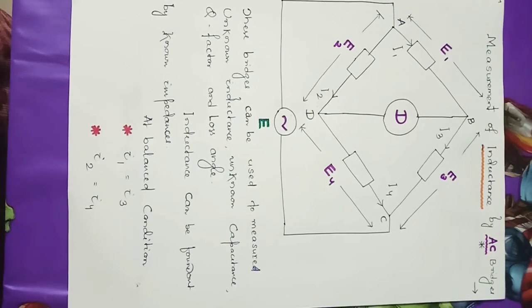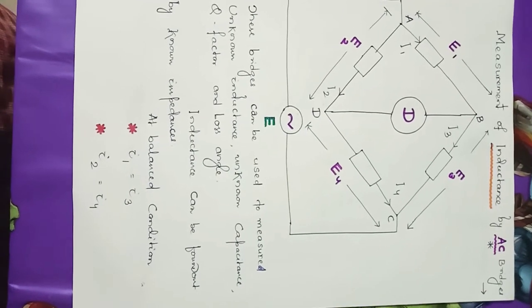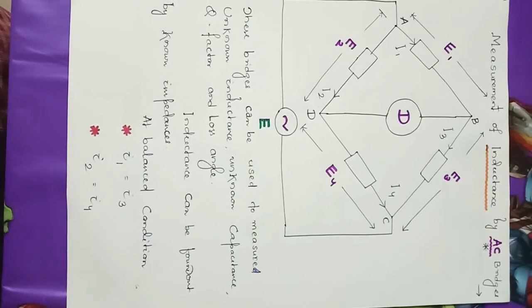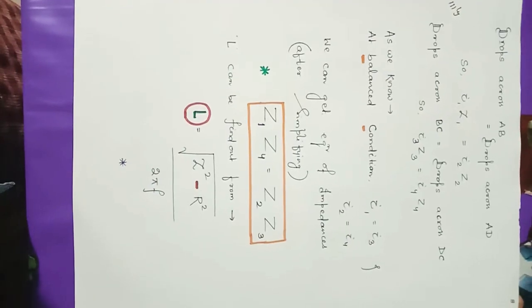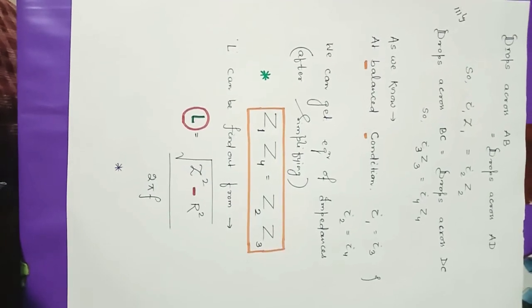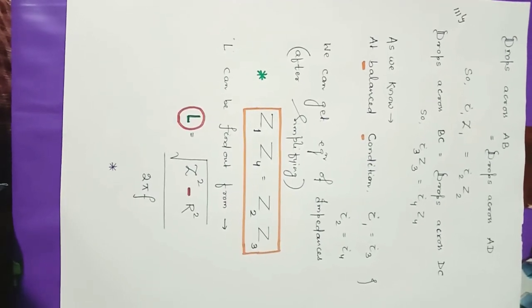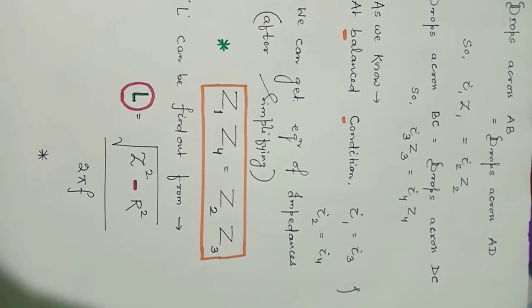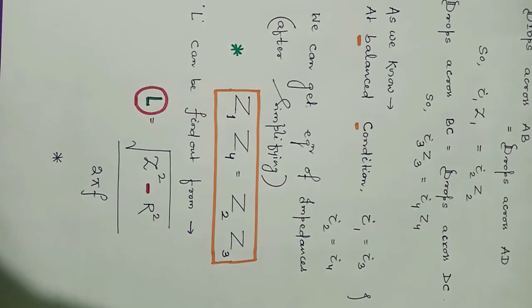As we know, at balanced condition in AC bridges, I1 is equal to I3 and I2 is equal to I4. From the figure, drops across AB is equal to drops across AD. So I1 Z1 is equal to I2 Z2. Similarly, drops across BC is equal to drops across DC.